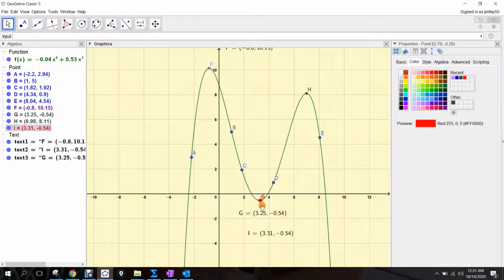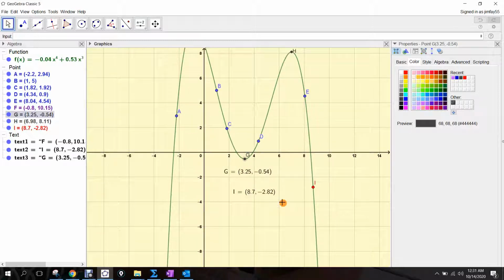Now the question is, is G a global minimum? Well, if I move I all the way over here, is that I value's y coordinate smaller than that y coordinate? Okay, so I is now lower than G's y value, so G is not a global minimum. And in this particular problem, it doesn't have a global minimum.